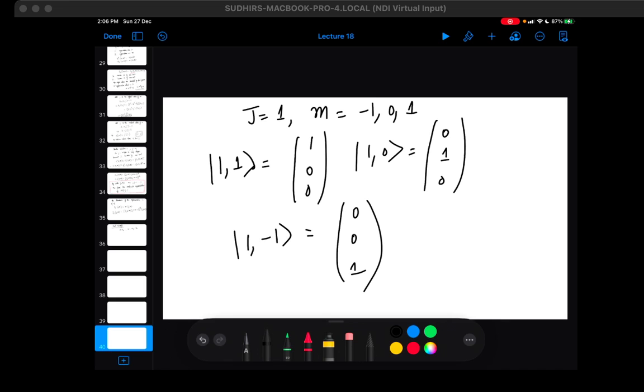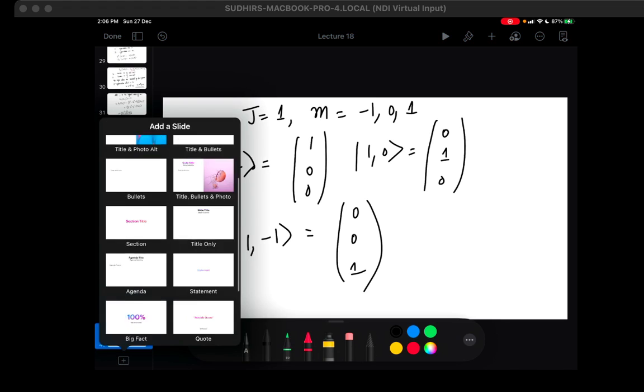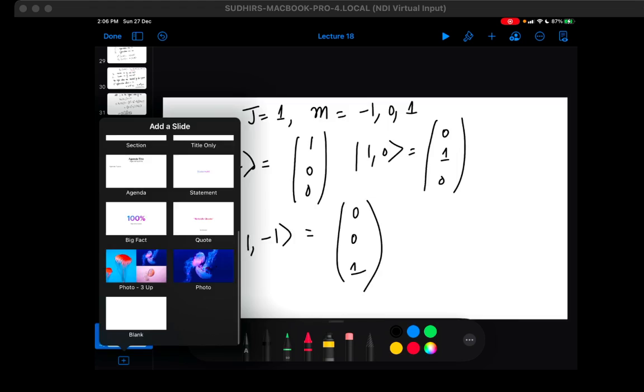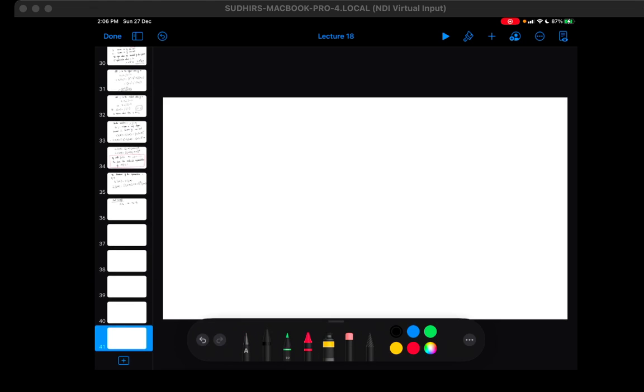Now what will happen for J1, J2, J3? If you derive the entire thing, J3 essentially happens to be 1 0 0, 0 0 0, 0 0 minus 1.